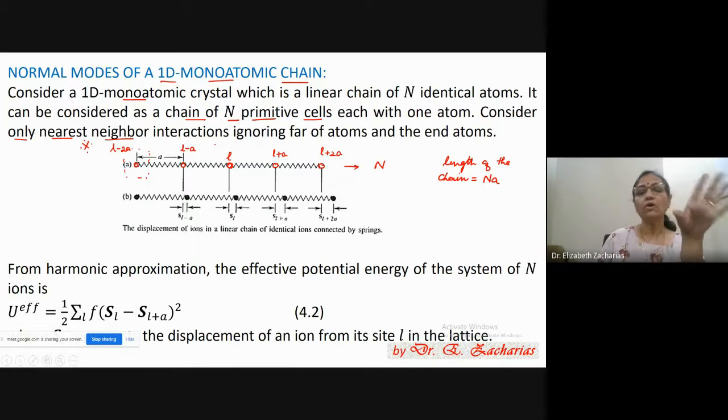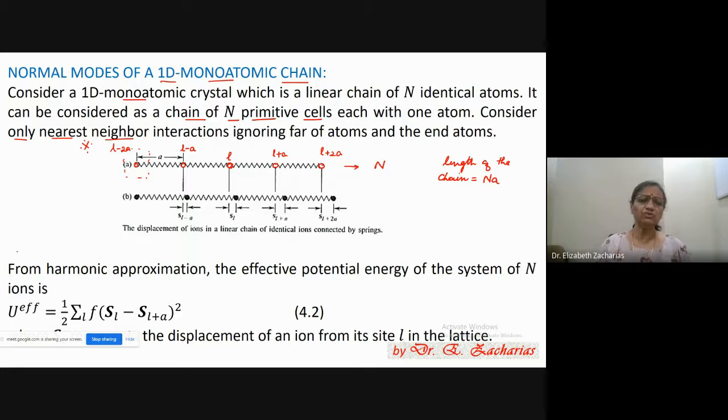This is not true, but we are going to assume that only nearest neighbor interactions are appreciable and far off atoms don't really matter. And end atoms, of course, don't matter at all.